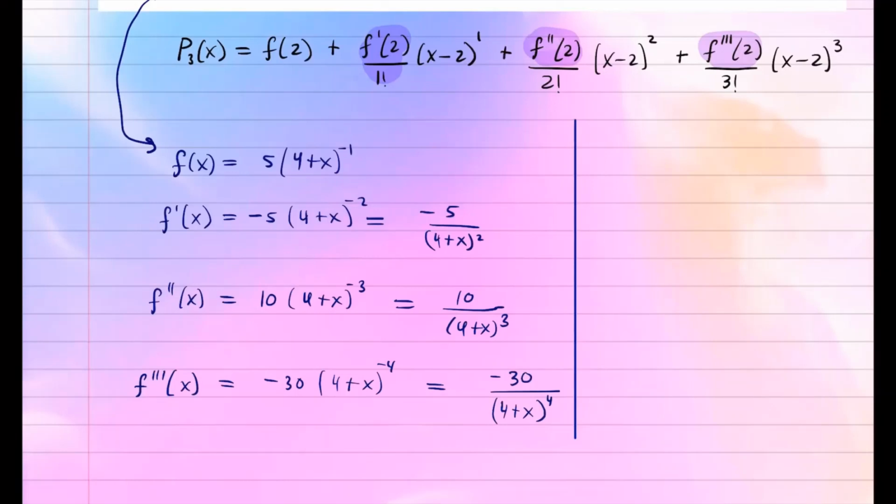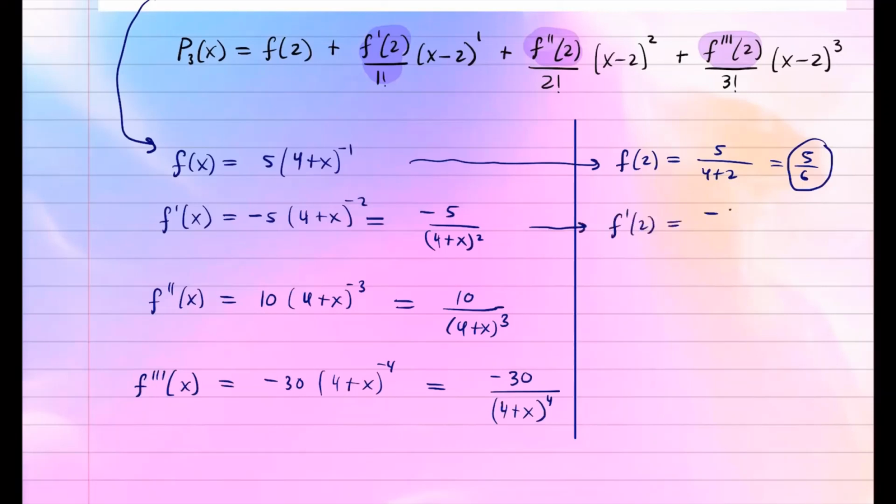So here's the function evaluated at 2. f at 2 is just 5 over 4 plus 2. Plugging in 2 into the original function, that's 5 over 6. That's my coefficient for the first term, a sub 0, or f of 2. Then this one will give me the next coefficient, which is the derivative at 2.